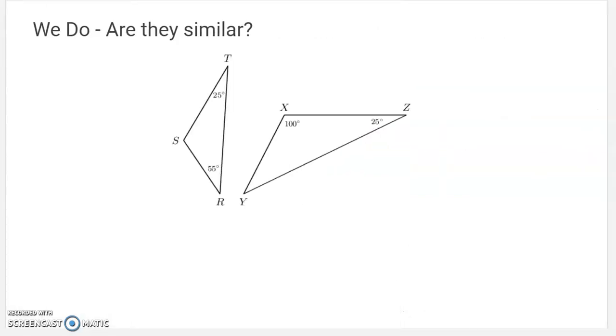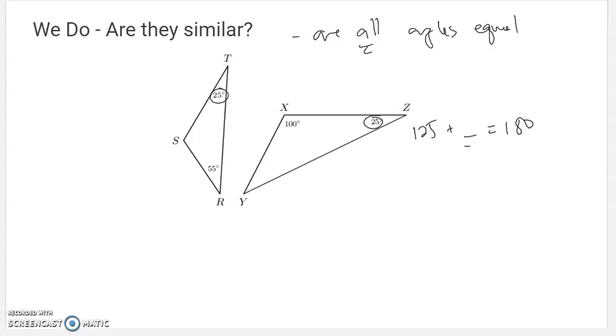So two quick examples. Are these two triangles similar? Let's see. I already see one same angle. We're going to need to see if all three angles are equal. That's what we're looking for. So this one, I'd have 125 plus the other one is 180. 130 would be 55.